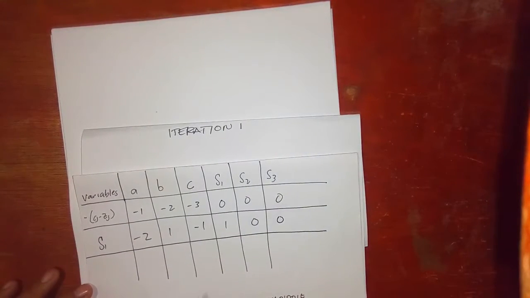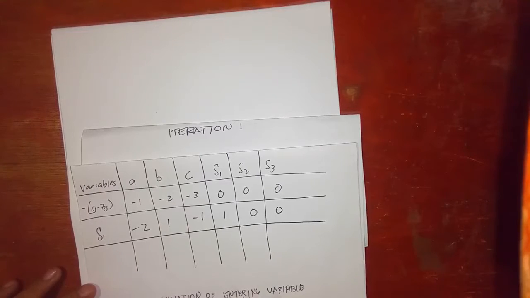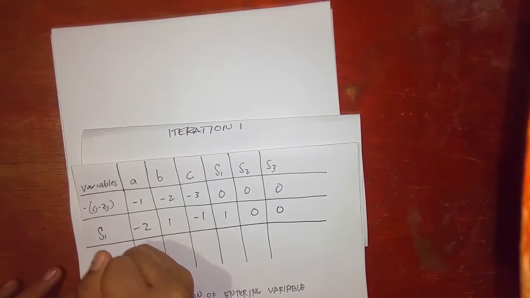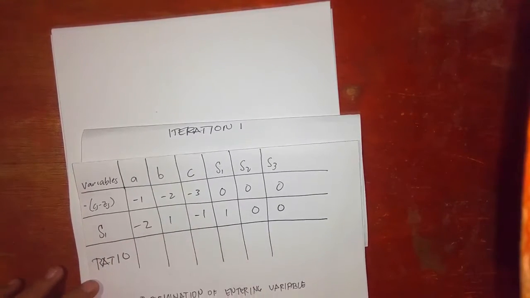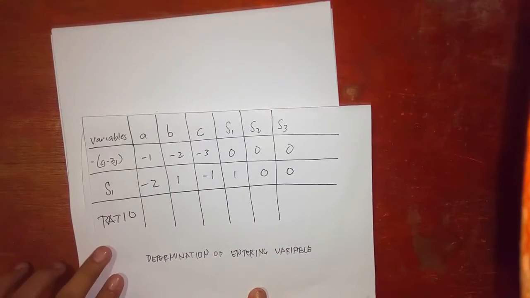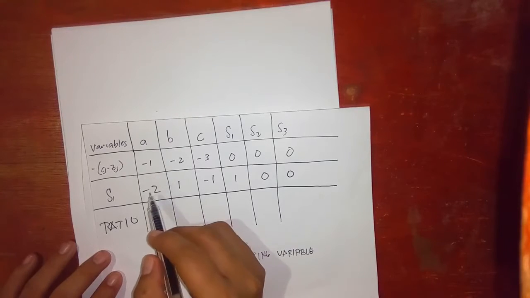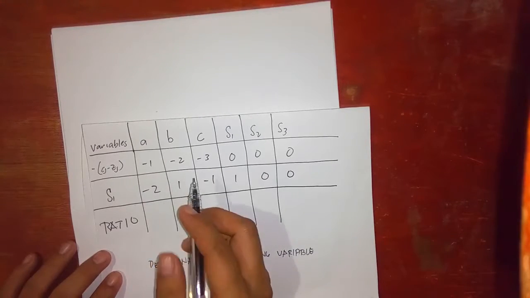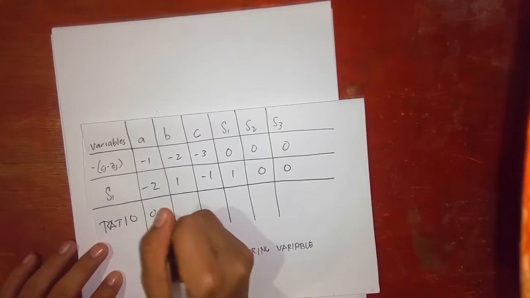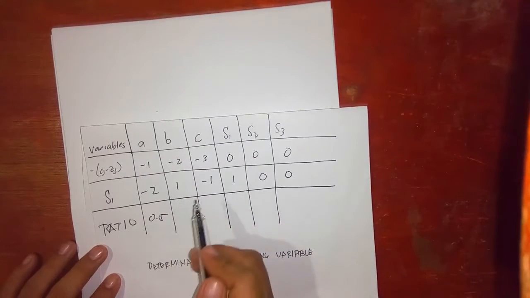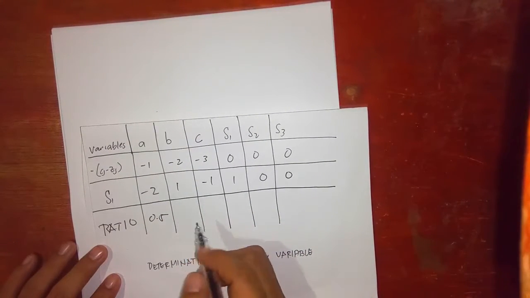So we will just divide to get the ratio. So 1 divided by negative 2 is equal to 0.5.